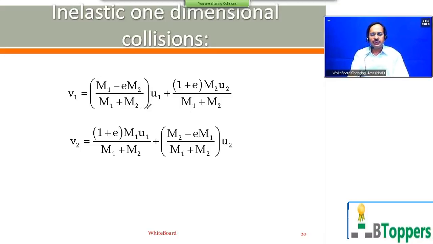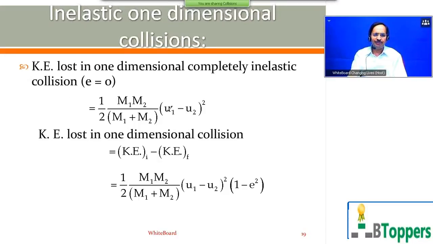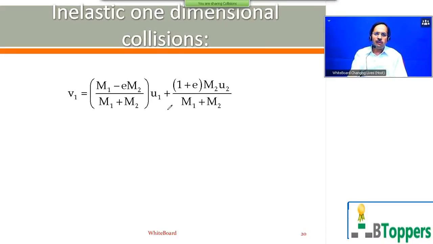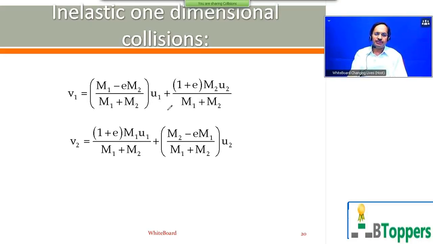Of course, you may be able to solve some questions faster by remembering this, but it may be difficult for most of us to remember. You need not try to remember. As I discussed, any problem on one-dimensional collisions can be solved by using the two equations m1 v1 plus m2 v2 equal to m1 u1 plus m2 u2, and v2 minus v1 equal to e times (u1 minus u2).